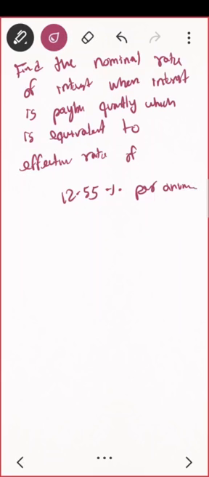Okay, and some data is given here, that is log of 1.1255. If you want to use log, then this is okay for you. If you want to use a calculator, then you can directly do it.